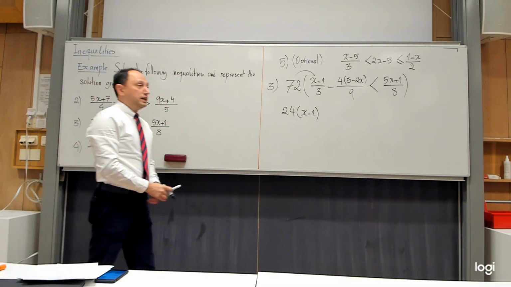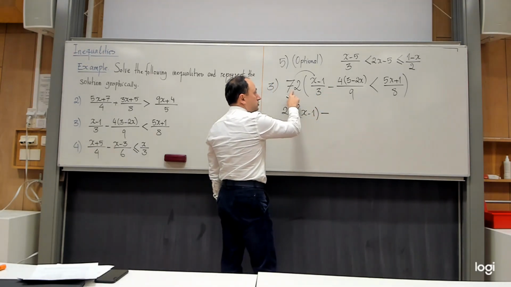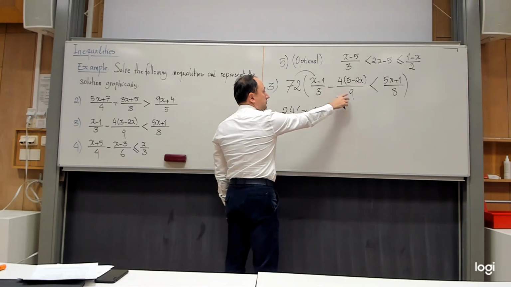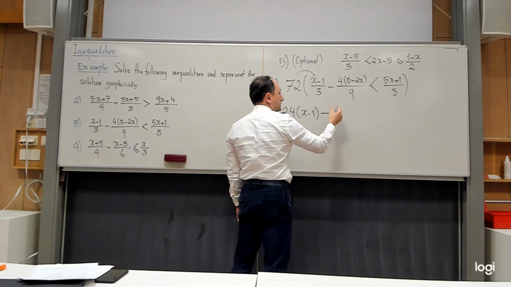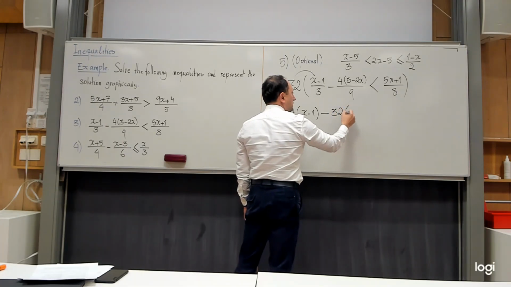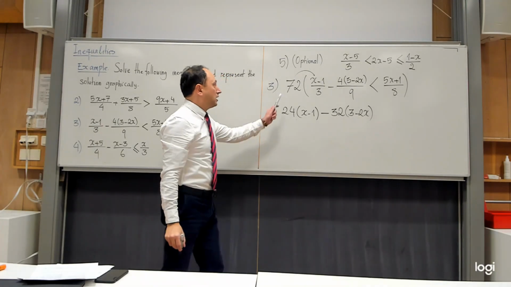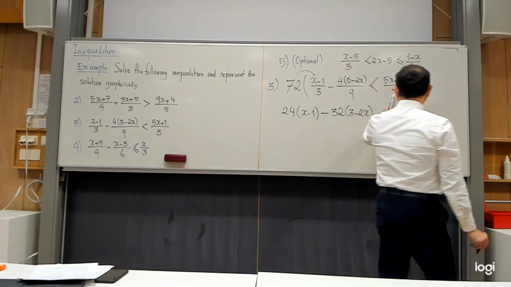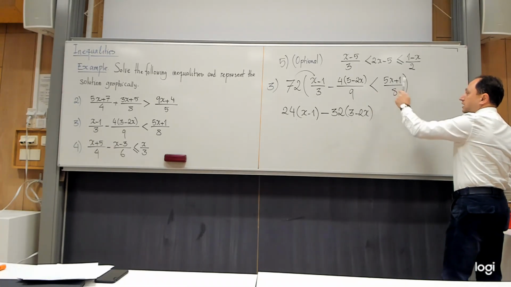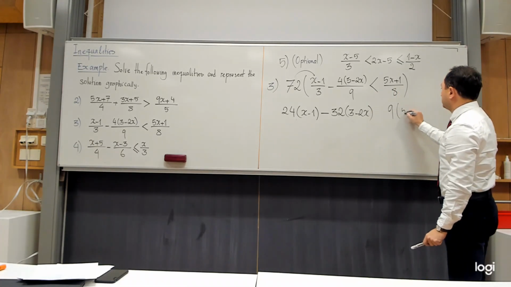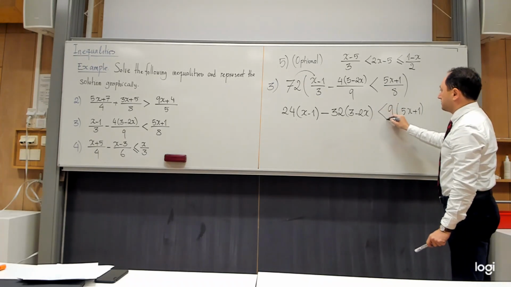And then I go to the negative sign. 72 divided by 9 is 8 times. And I multiply 8 here. It becomes 32 times (3 minus 2x). And I multiply 72 also here. But before that, 72 divided by 8 is 9 times. I multiply 9 there. But I keep the sign as it is.